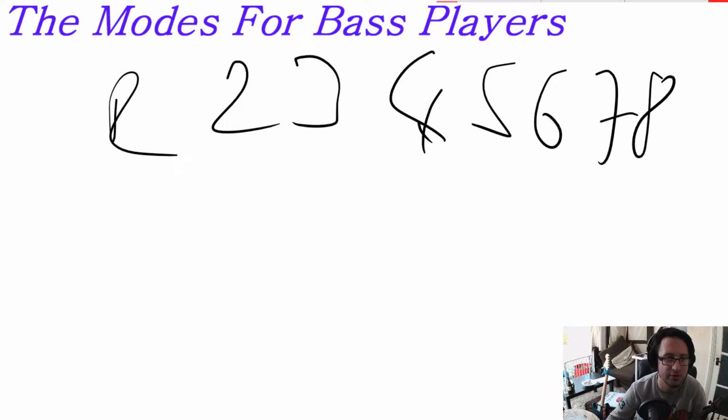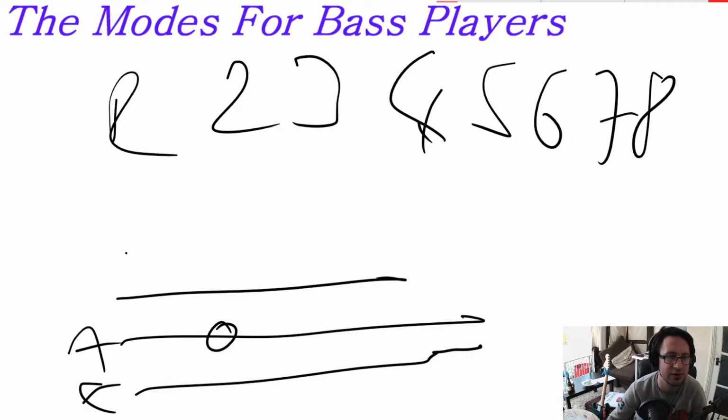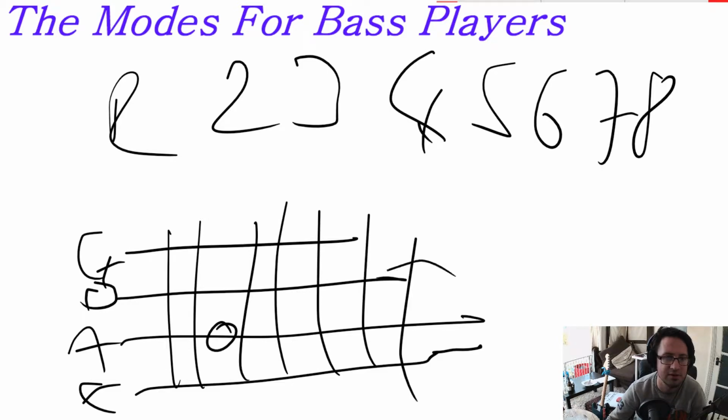Now that on the bass looks a bit like this. Say we're in C, that's your A string, that's your E string, that's your D string, and that's your G string. So this would be say 7 or 8 frets. This is fret 3, and then 5, and then 7.